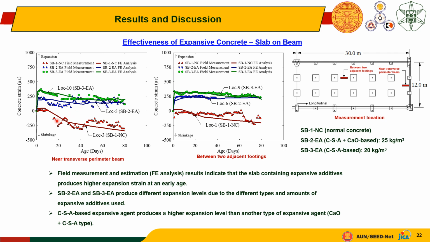Here we can see that expansive concrete expands at early age, and then after that starts to shrink, and the result of finite element analysis matches the field investigation at both measured locations.